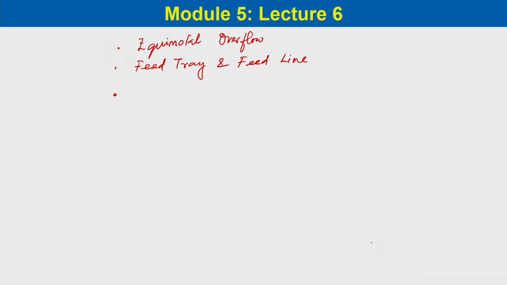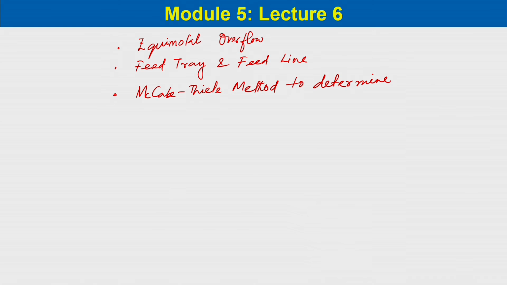The third thing we will consider is the McCabe-Thiele method to determine the number of ideal trays.